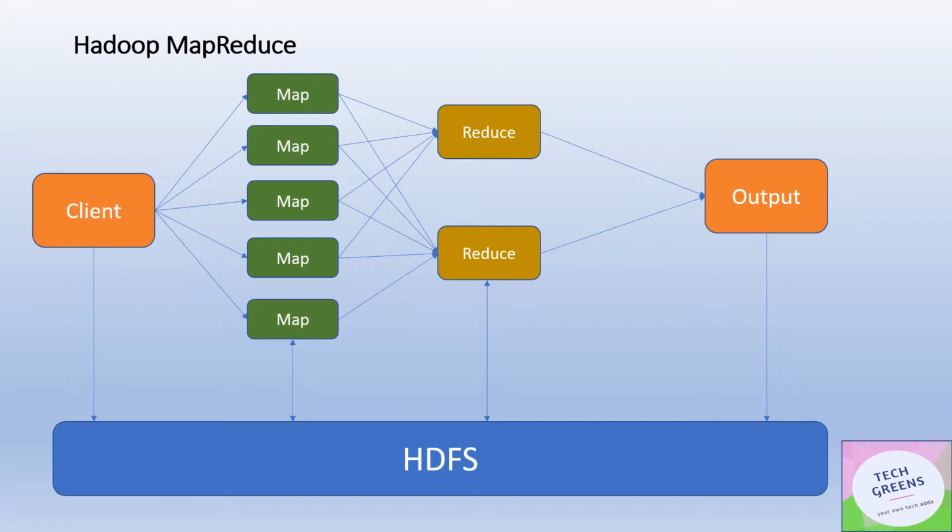Then the output of the mapper would go into the reducer, which will reduce the output of the mapper based on a particular key, the partition key, and eventually an output would be produced. The storage layer for this processing would be HDFS. So at a very high level, MapReduce is the combination of the map phase and the reduce phase, and the combination of these two would produce the output.